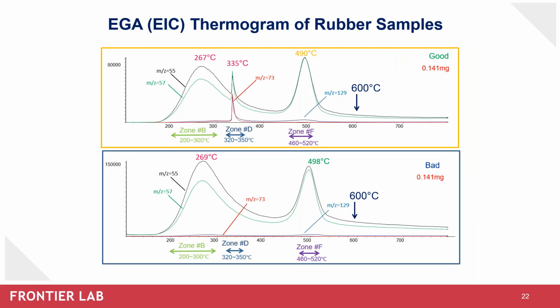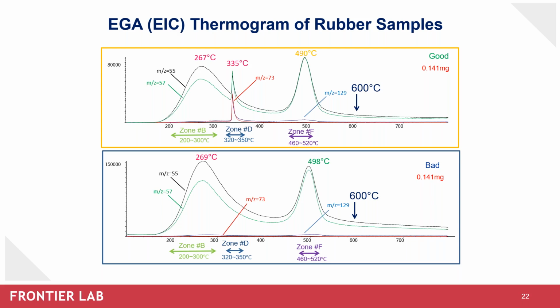So to analyze the EGA thermograms in more detail, we use extracted ion chromatograms, called EICs. From the EICs here, when we extracted, for example, m/z 57, 55, 73, we could also identify the optimal temperature zone to perform the heart cutting.